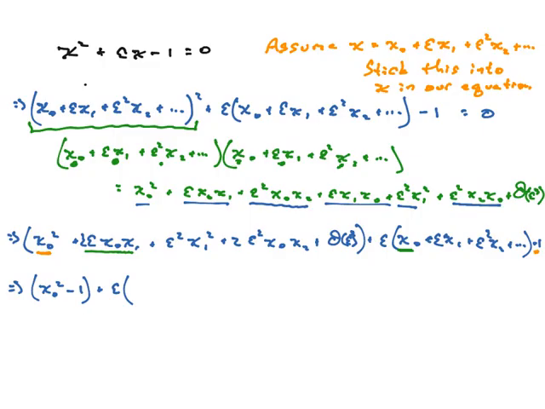So it's x naught plus 2 x naught x1. All right, now I want all the things with epsilon squared on it. So what do we have? We've got epsilon squared here, and an epsilon times this gives me an epsilon squared.